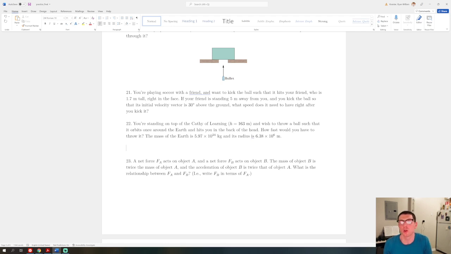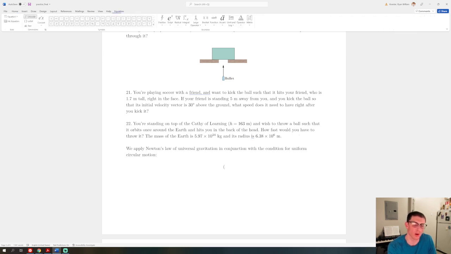So what we want to do is apply Newton's law of universal gravitation in conjunction with the condition for uniform circular motion.